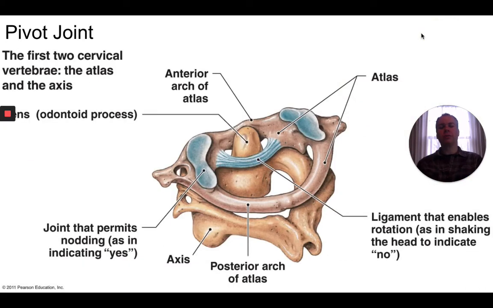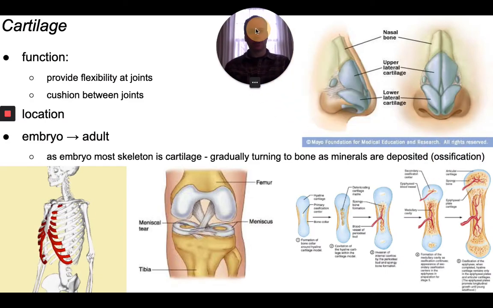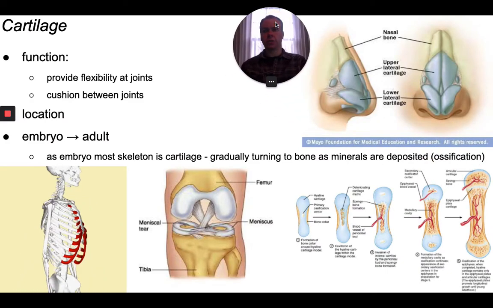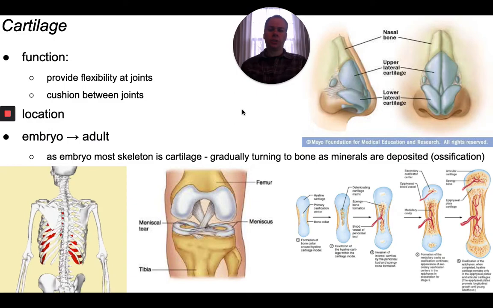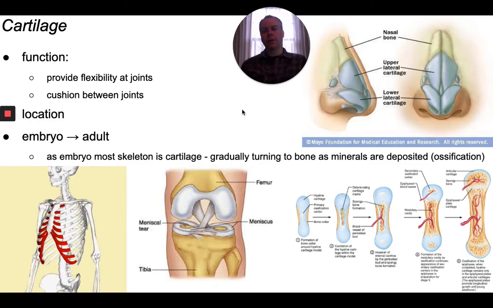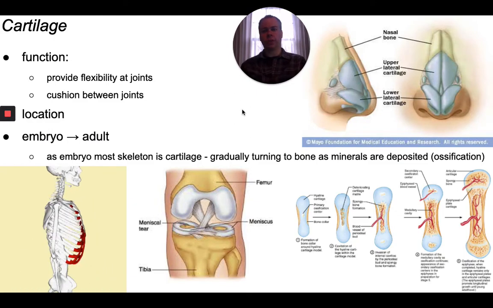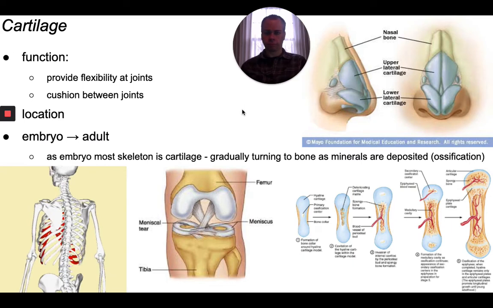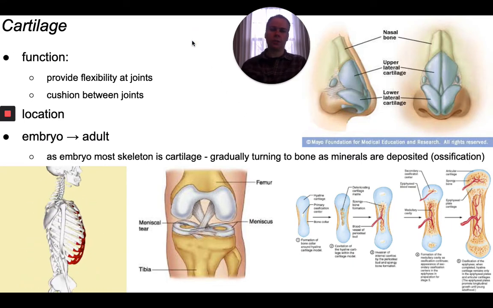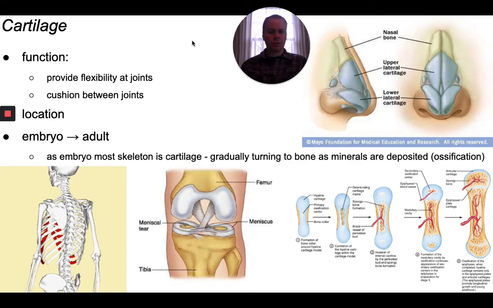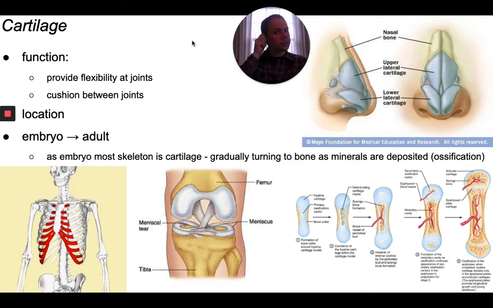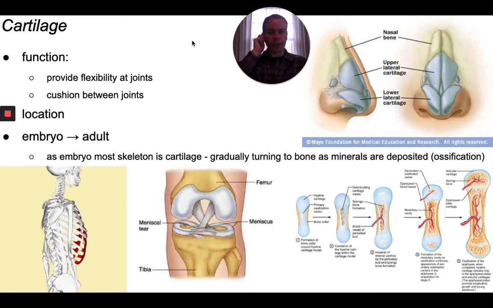Another part of our musculoskeletal system, a type of connective tissue, is cartilage. Cartilage is an important tissue. It cushions between two joints and provides flexibility at the joints as well. For example, your ears are made of cartilage.